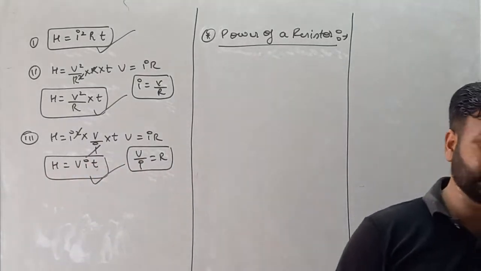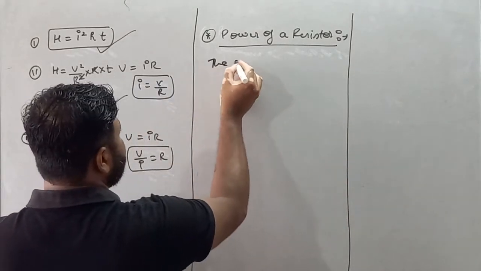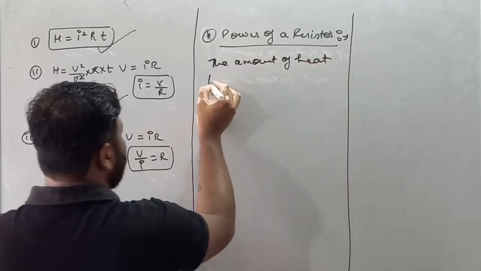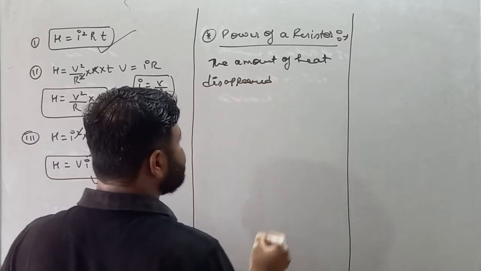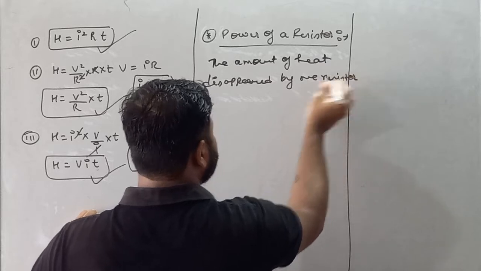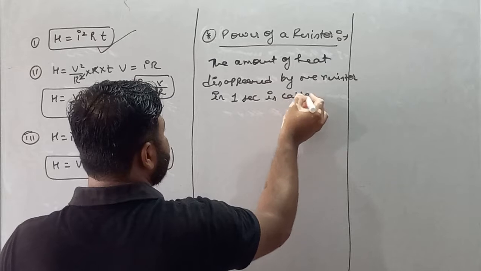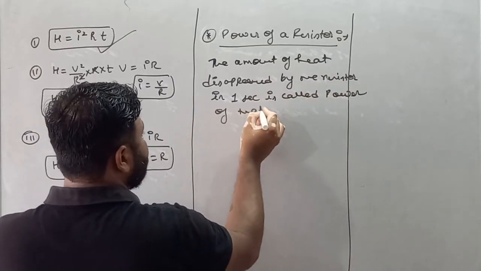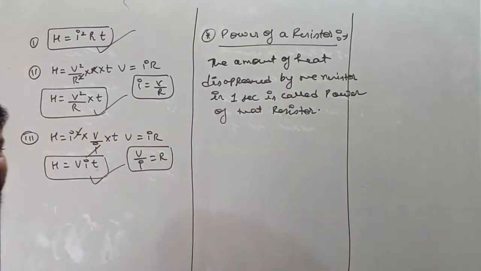The amount of heat dissipated by the resistor in 1 second is called the power of that resistor.